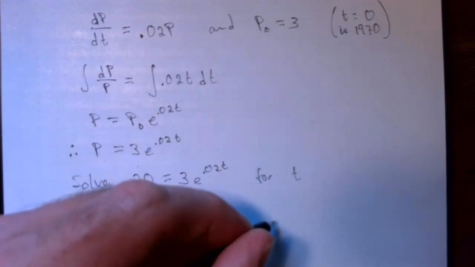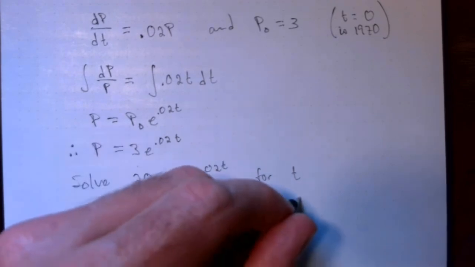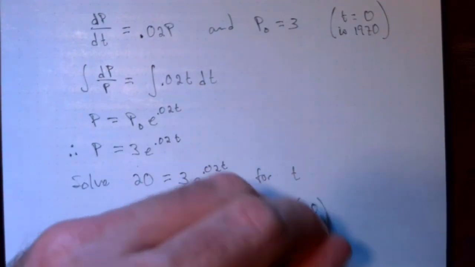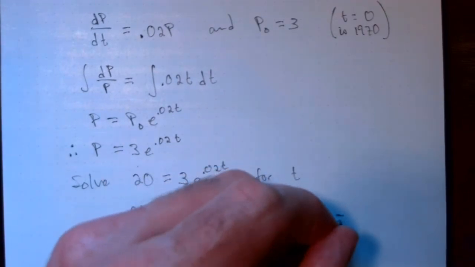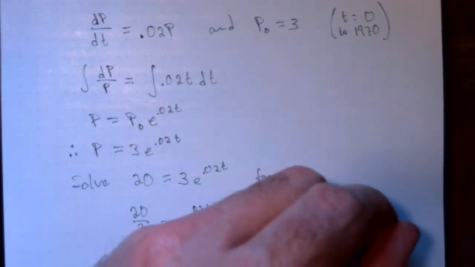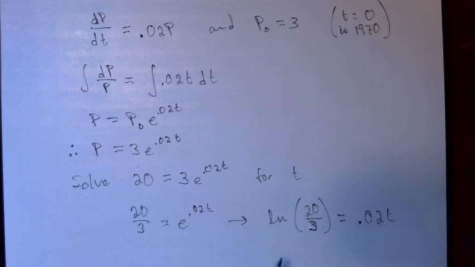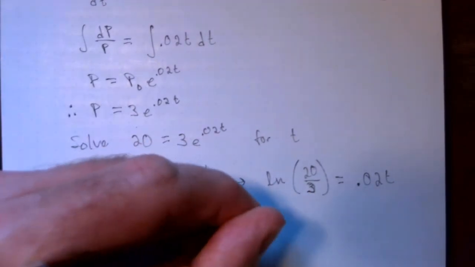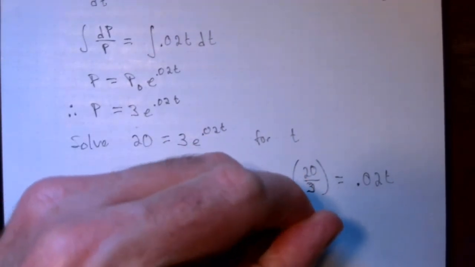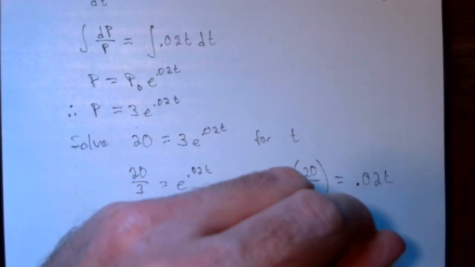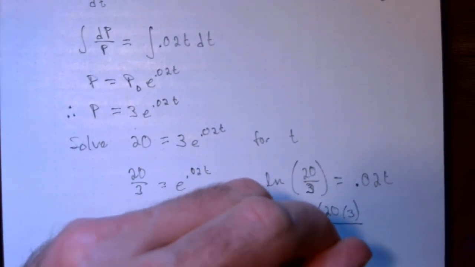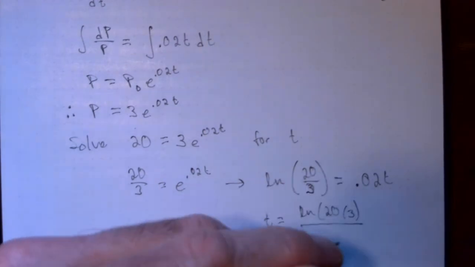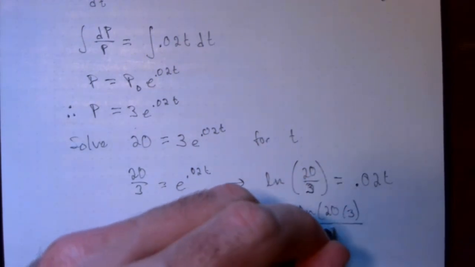I'm going to convert this to a logarithmic equation, because we remember that every exponential equation is equivalent to a log equation. And of course ln stands for log base e. The reason I'm using ln here is because my exponential function was base e. So I can get the value of t by taking ln of 20 over 3, whatever that is. And then once I get that answer, I will divide by 0.02.